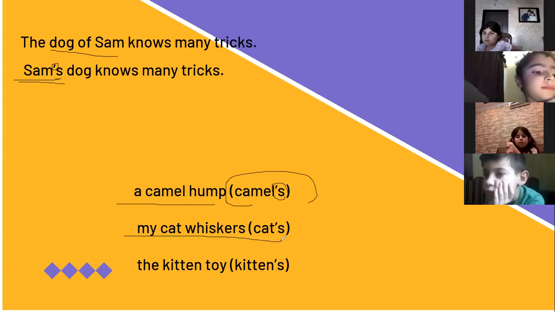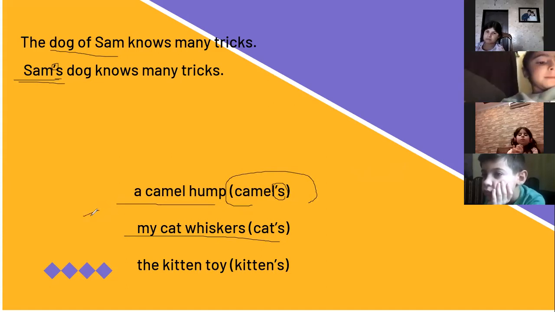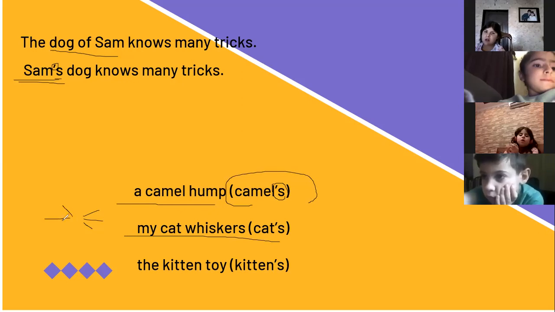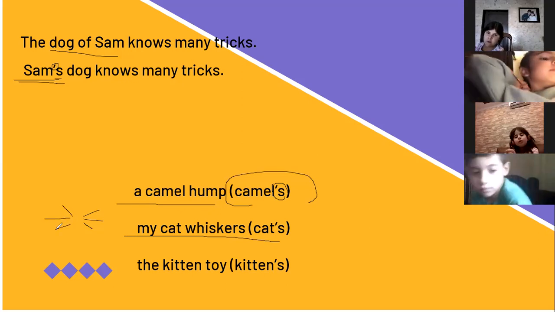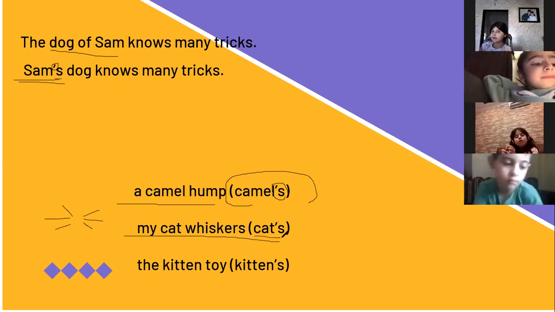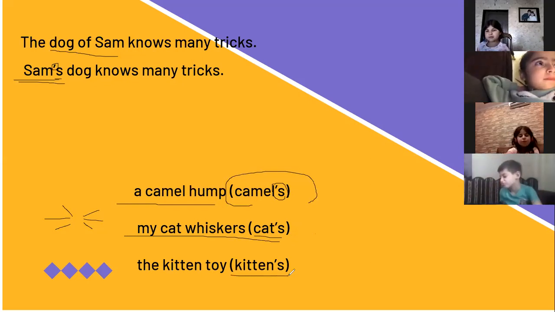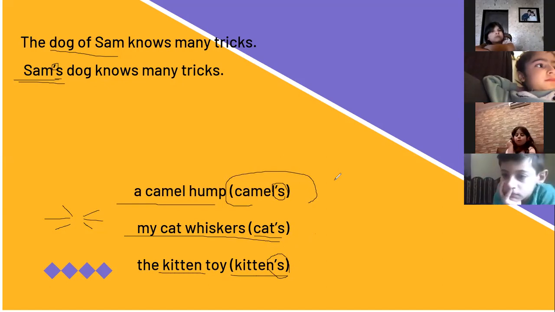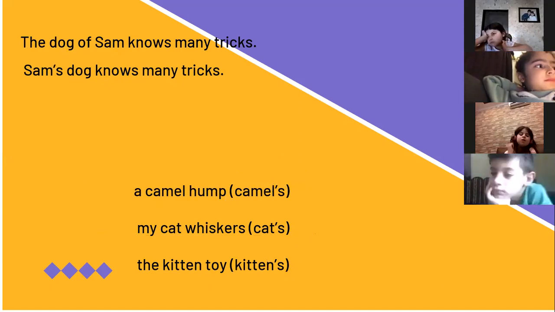My cat's whiskers. These are the whiskers. We all know what are the whiskers, right? Okay, fine. Cat's whiskers. The kitten's toy. Kitten's, and apostrophe before the S. Why? Because kitten is singular. It's one.